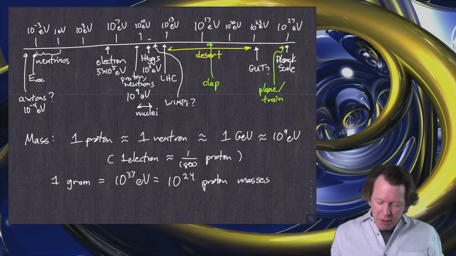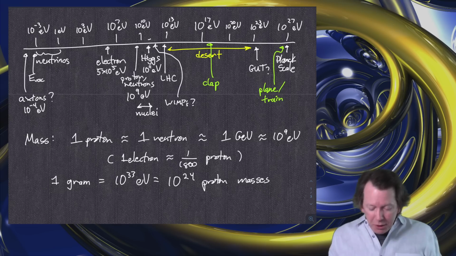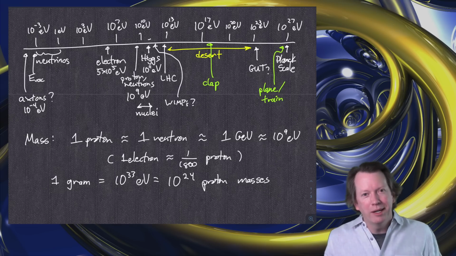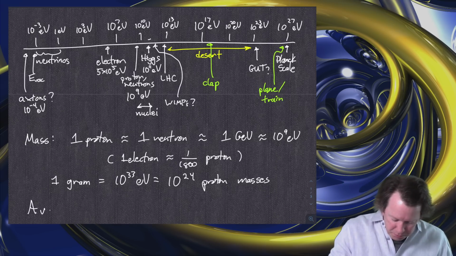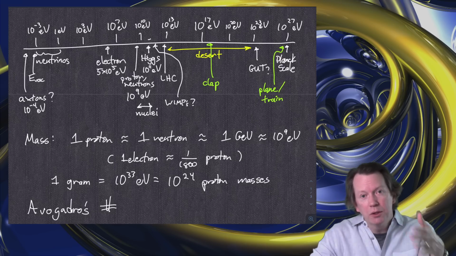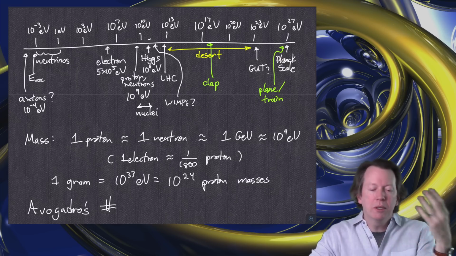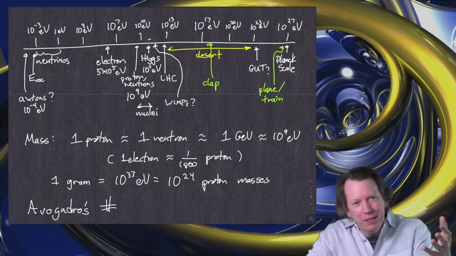And this number, 10 to the 33 electron volts, might actually secretly be familiar to you because I've been hiding it by not doing the precision. But there's something called Avogadro's number. Avogadro's number is useful in chemistry just by fixing a certain amount of stuff, but it's also useful as a rough guide for when things become macroscopic and everyday.